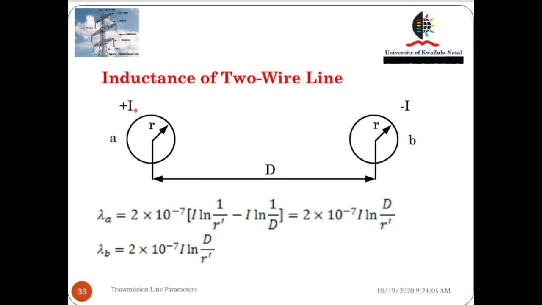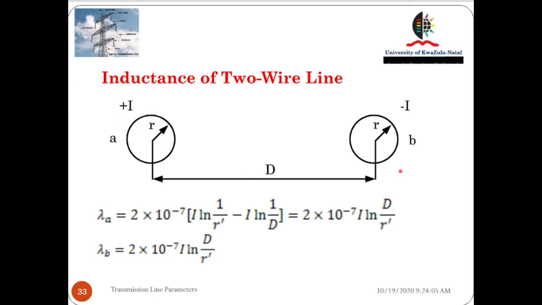The supplying current is plus I going out, and the other one is coming back, returning, so minus I, the same current. Each of those two conductors, the supply conductor and the return conductor, has a radius of r. They are located at a distance of d from each other, and we label them conductor A for the supply conductor and conductor B for the return conductor.